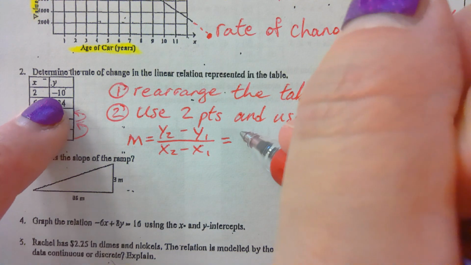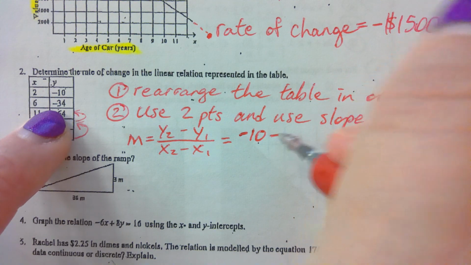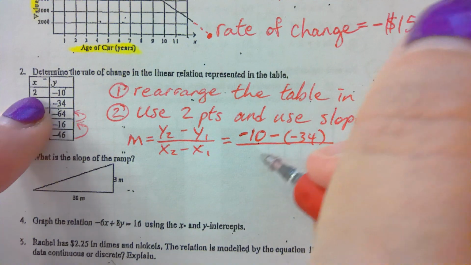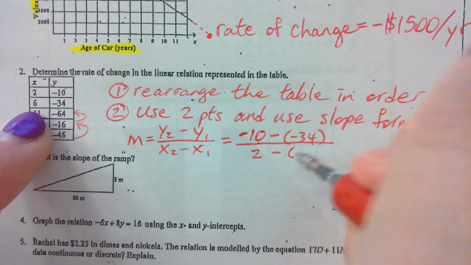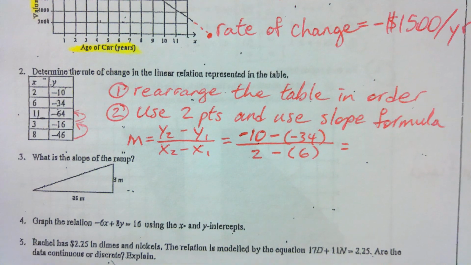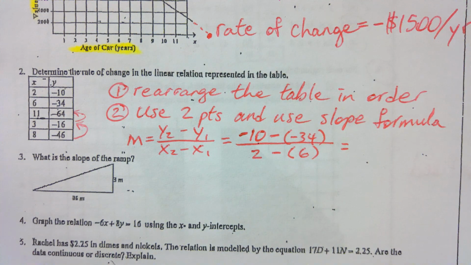So negative 10 minus negative 34 and 2 minus 6. Okay, y2 minus y1 over x2 minus x1. So negative 10 plus 34.